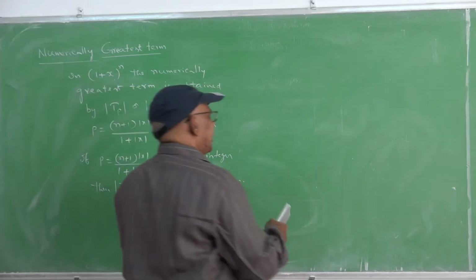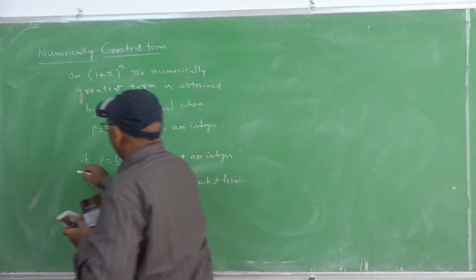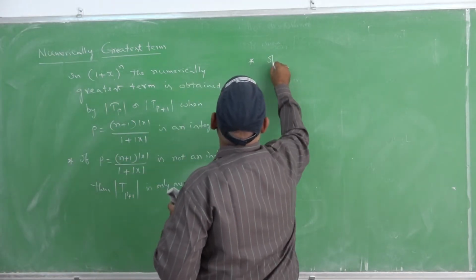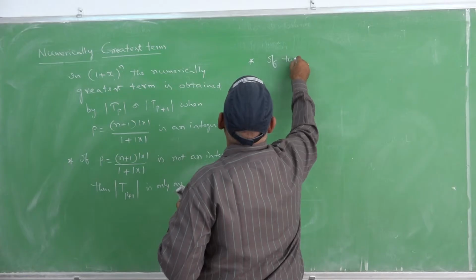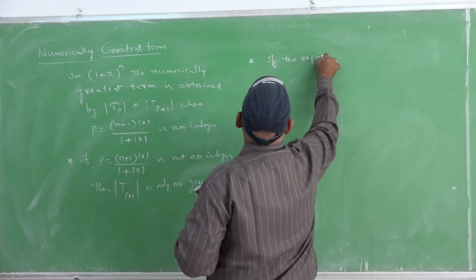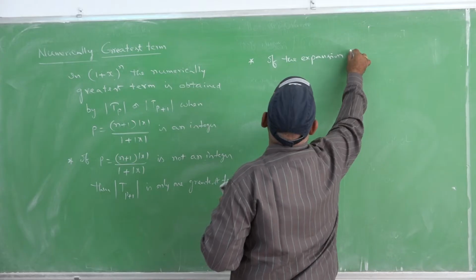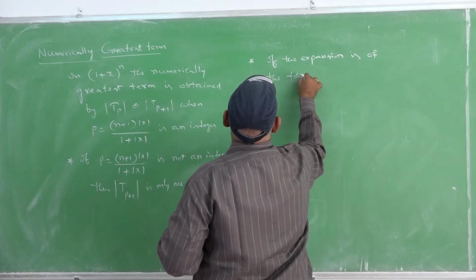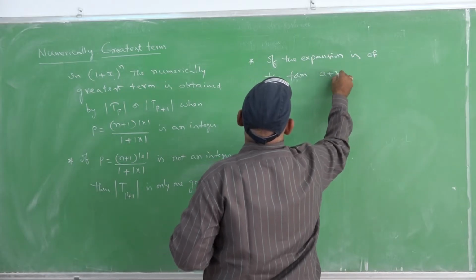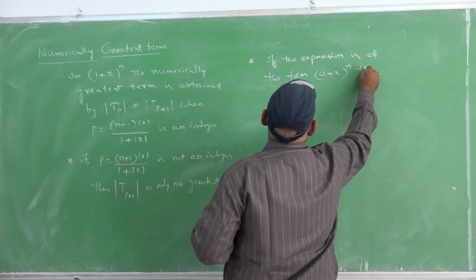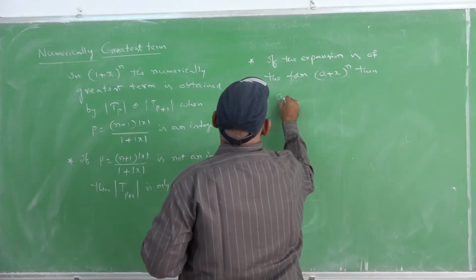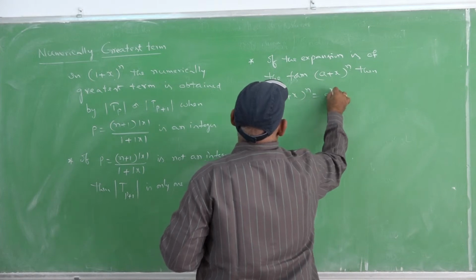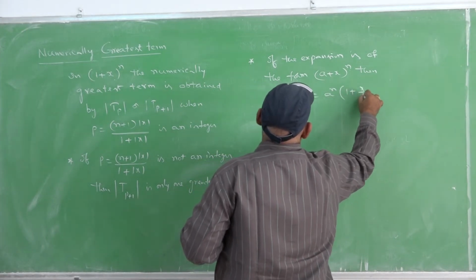And the third point: in case the expansion is of the form (a + x)^n, then (a + x)^n may be expressed as a^n (1 + x/a)^n.